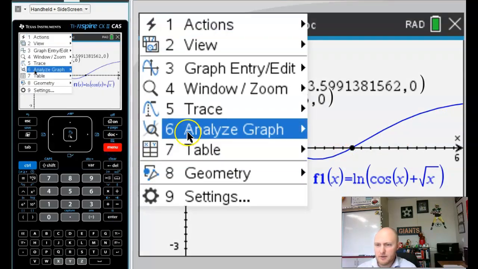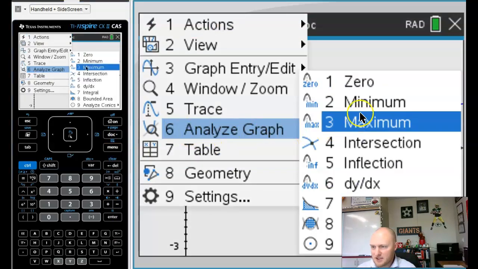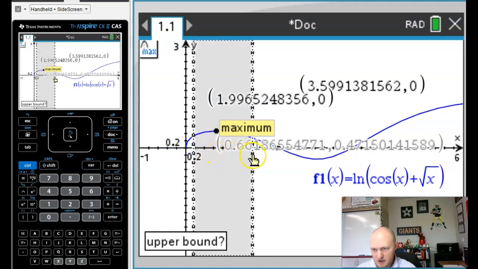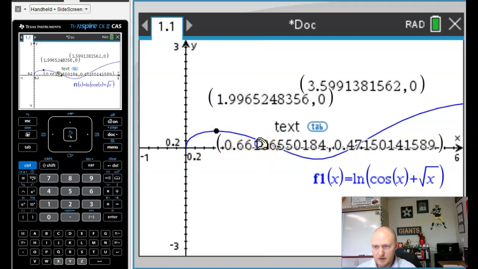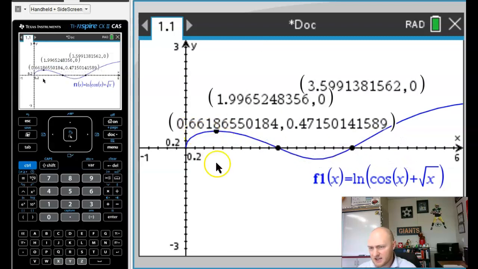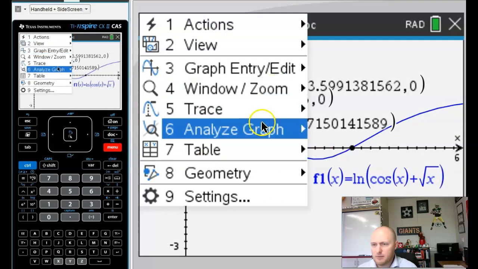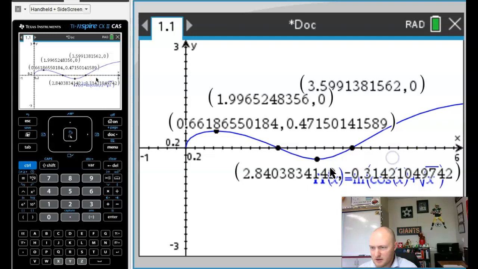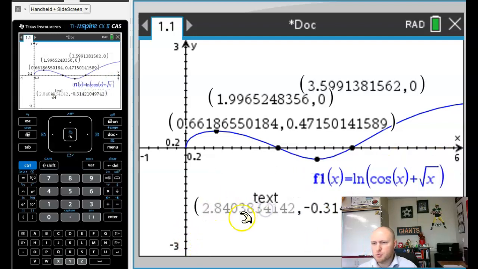So what I'm going to do is again analyze the graph, and this time I want a maximum, let's say somewhere over here to here. Okay, so there is my maximum, 0.662. And then I also want a minimum. So analyze graph, my minimum here. Okay, and we get this value, 2.840.